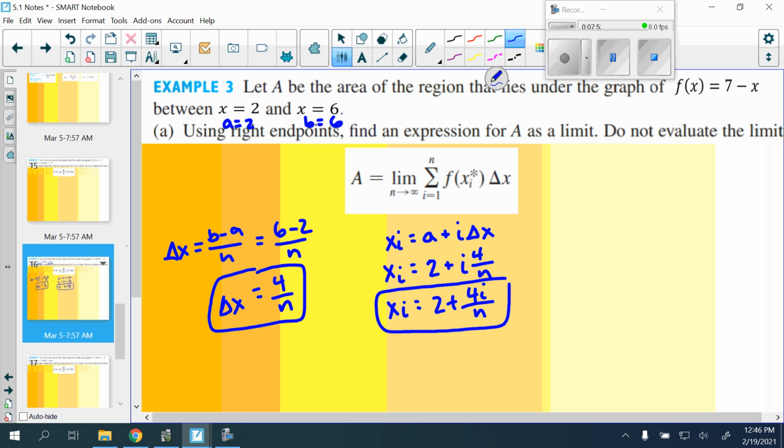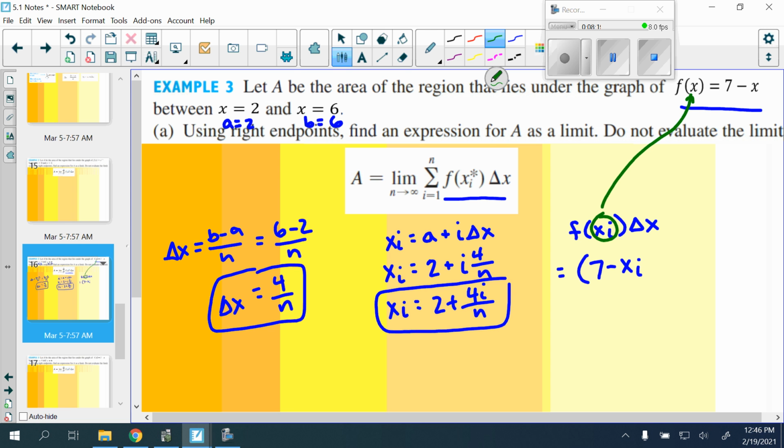So now let's come up with our f of x of I times change in x. The reason I want that is that's what we're putting after our sigma notation. In this problem our function is 7 minus x. So we're going to have 7 minus x of I, because this is what we're plugging in.